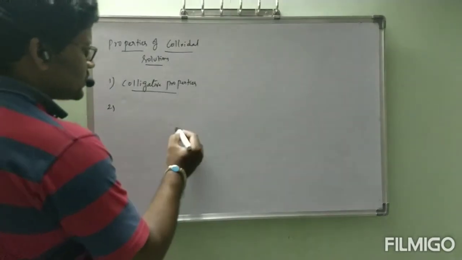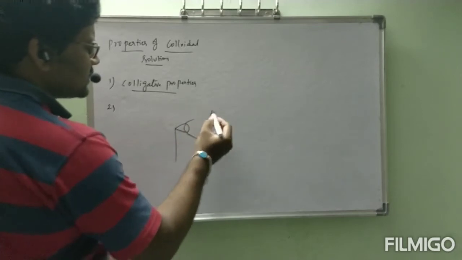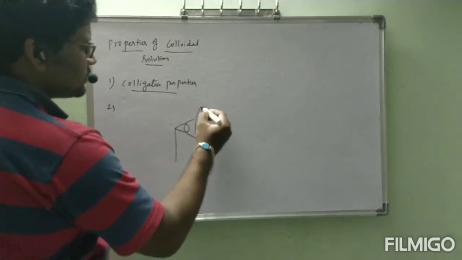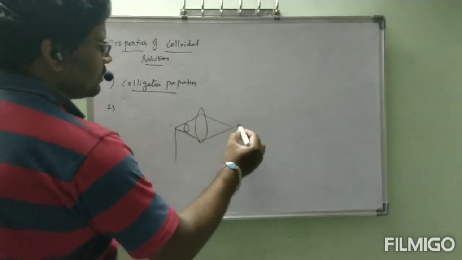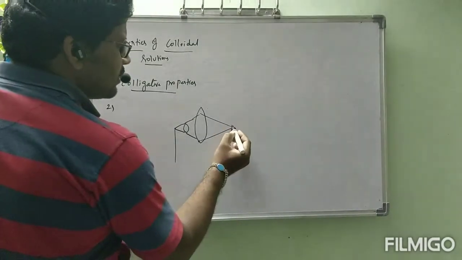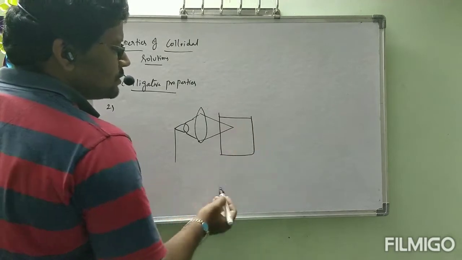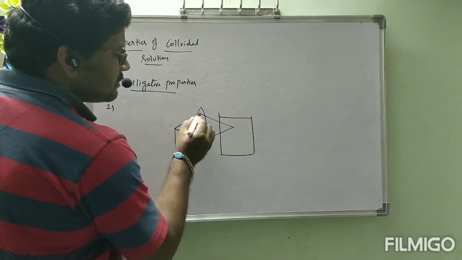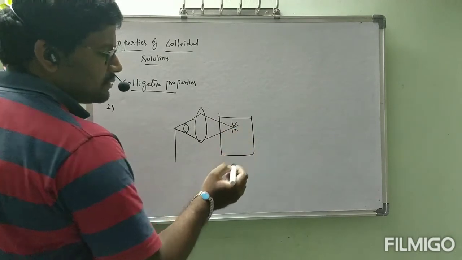He used one light source. From that, light comes in different directions, but he wants to make it into one beam like this. He made that beam fall on the particle. This is a colloidal solution. Here the beam falls exactly on one particle, and from there the light is scattered.